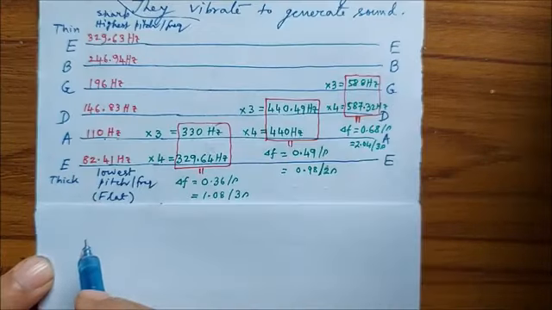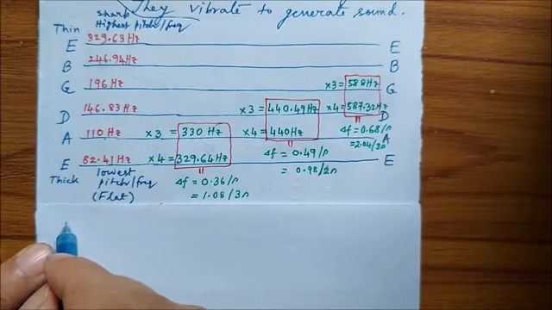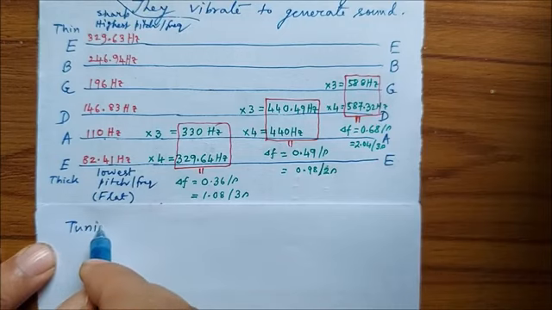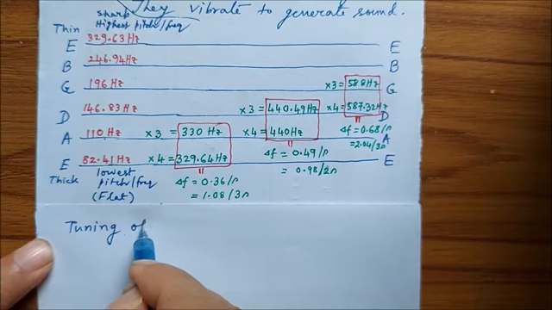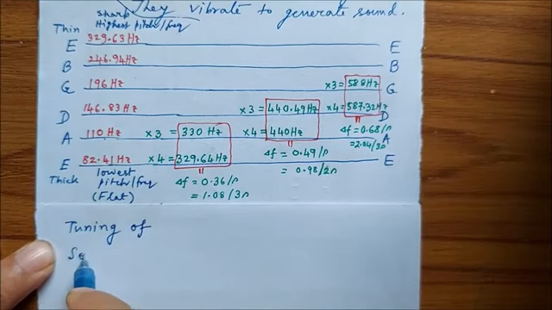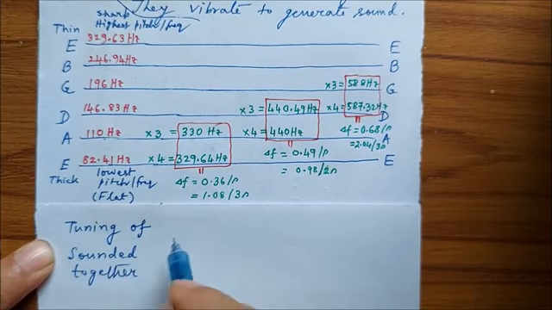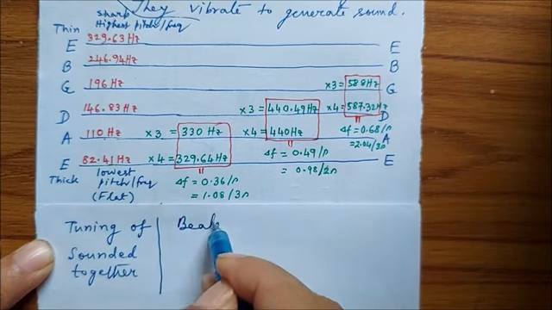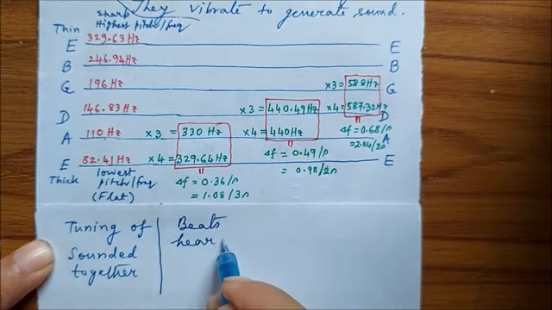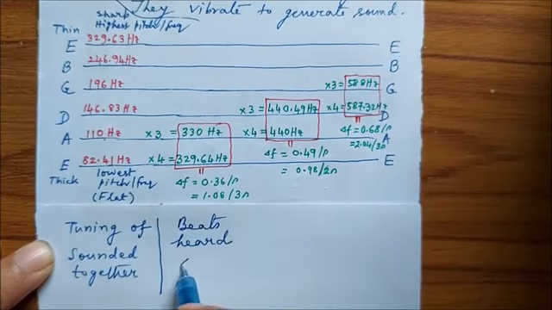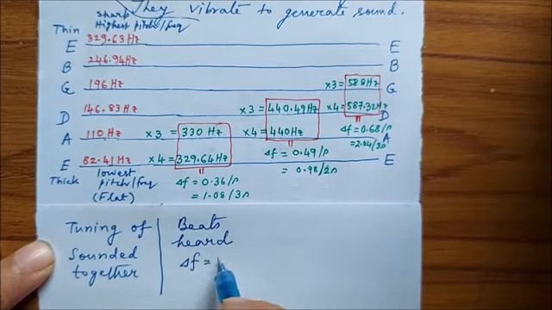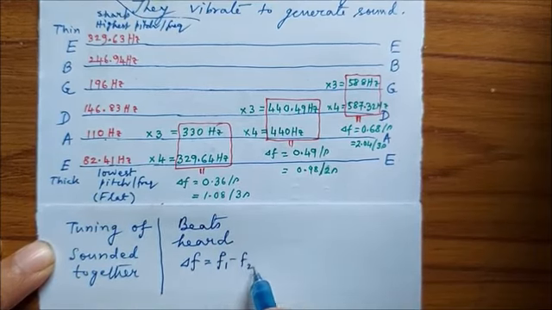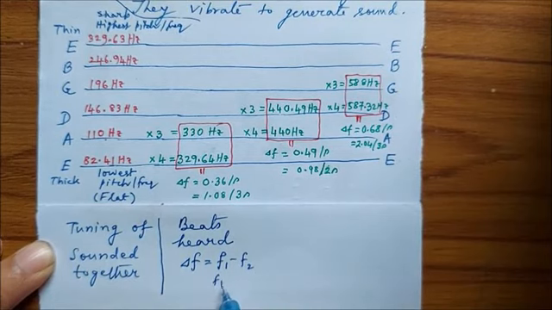Let us now mention how tuning is actually done. The strings that are tuned will be placed in the first column, that is, these strings will be sounded together, and the number of beats heard we'll place in this column, and this is the formula assuming that F1 is larger than F2.